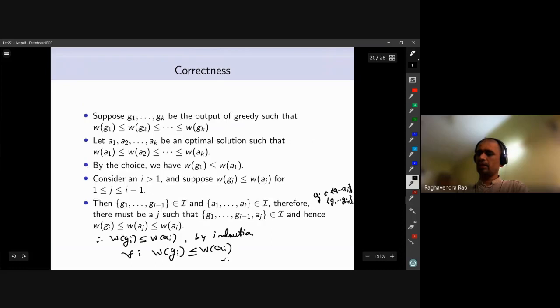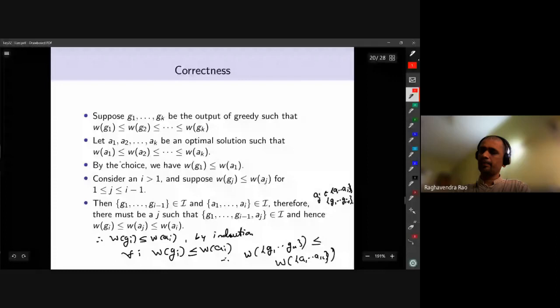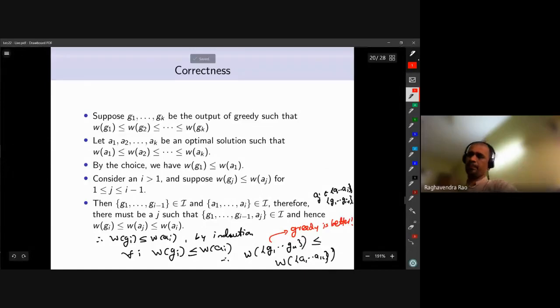That is, weight of G1 to Gk is smaller than or equal to weight of A1 to Ak. That is, greedy algorithm is better. Greedy is better. Okay, so that is all.